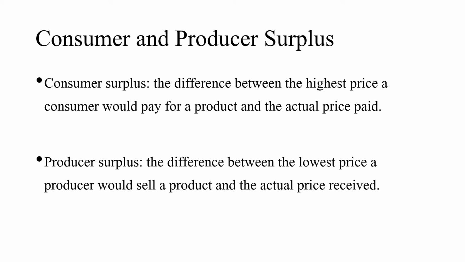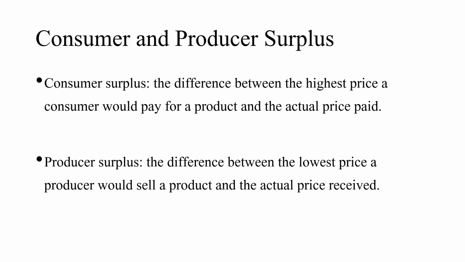Now, to our final concept that we are going to be learning in this video, which is consumer and producer surplus. This might be a bit off our topic of elasticity, but it is still a very important concept that everyone should be familiar with. So let's get into it.